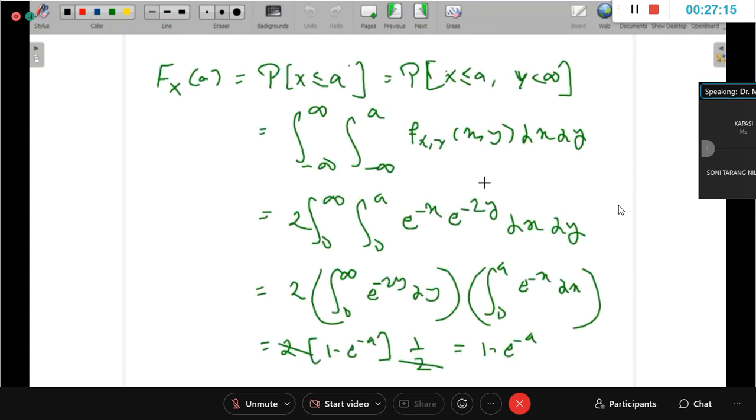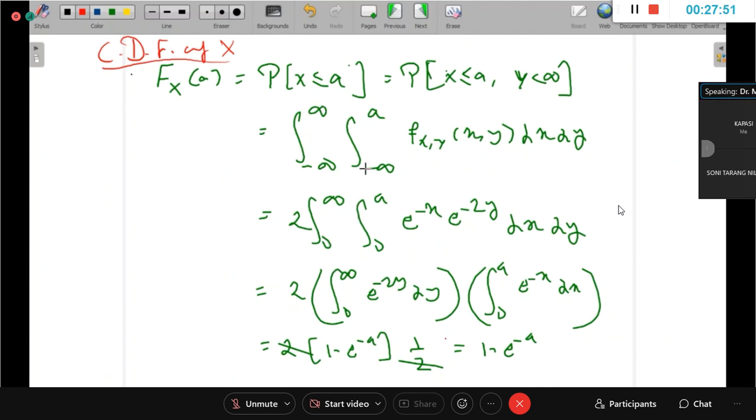What I have evaluated here is the CDF of X. Whenever you are talking about a continuous random variable, most of the time people start with finding the distribution function, the cumulative distribution function.